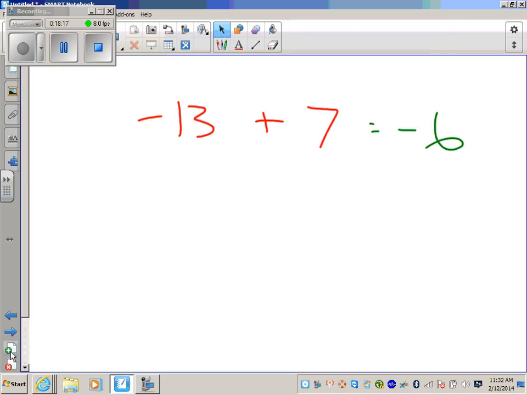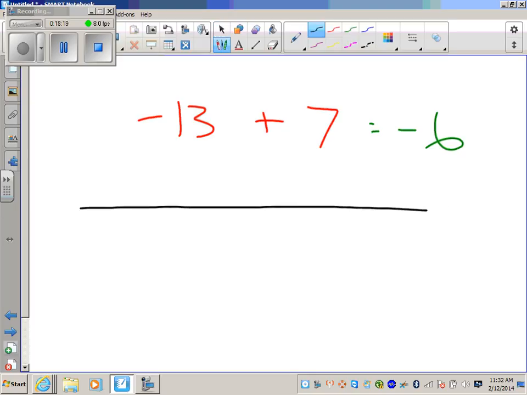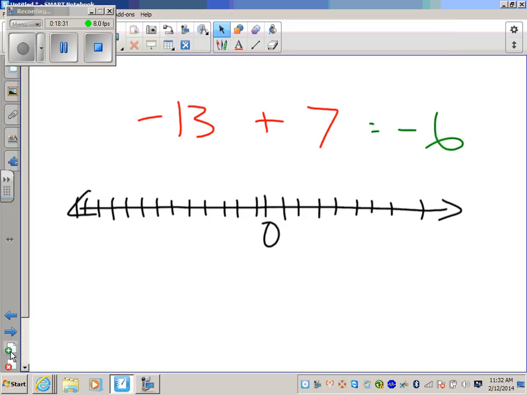Number line time. All right. This first integer is always your starting point.